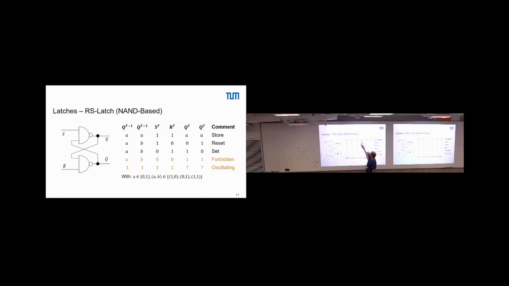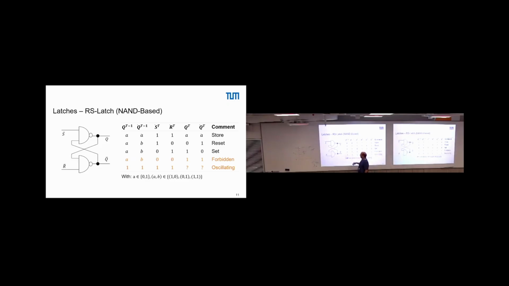I have a current reset signal that's in time point t. So this index t just means that's the current thing. We have some outcome for the current time step, which is Qt and Qt bar.